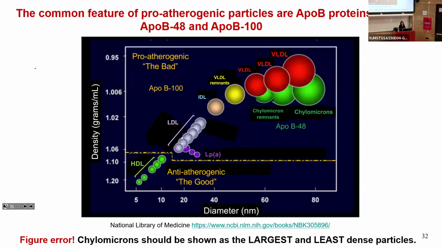So it's believed that HDL is good. The evidence may not be as solid as it is for the pro-atherogenic bad ones, but HDL is considered to be involved in reverse cholesterol transport, that it can take cholesterol out from a cell and take it back to the liver so that it can be recycled.